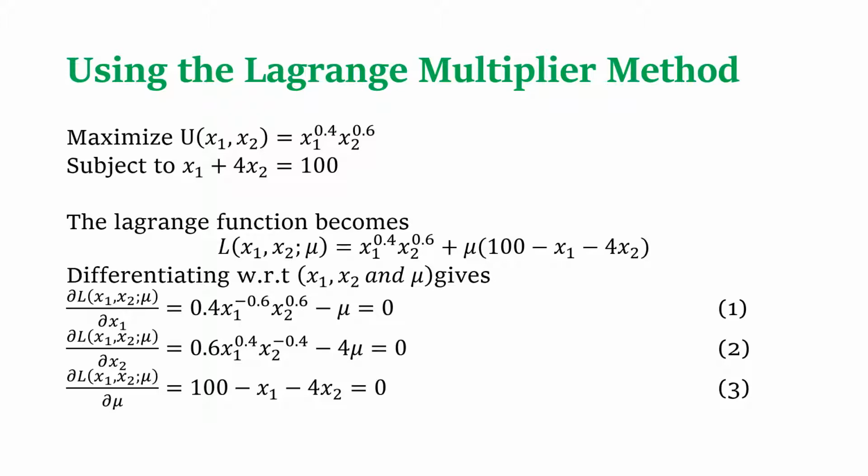We want to allocate our scarce resources subject to our limited income. So how do we go about doing this? We are going to optimize. So this brings in the concept of constrained optimization. So now I introduce my Lagrange here.